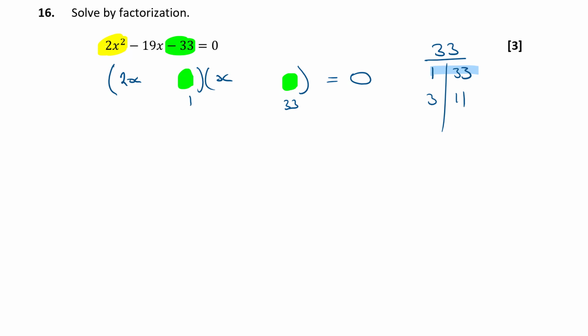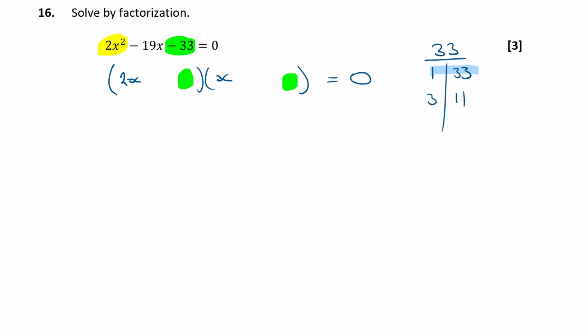Okay, if we try it the other way around, if I put the 33 here and the 1 this side, I'm going to get 2x times 1, which is 2x, and the 33 times x is going to give me 33x. 33x take away 2x is 31x, still too big, so it isn't 1 and 33.